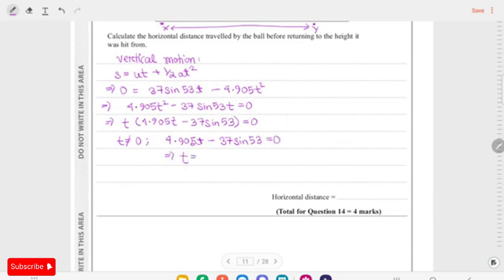So basically, if you make t the subject, it becomes 37 sin 53 over 4.905. If you calculate it, you get 6.024 as your time.